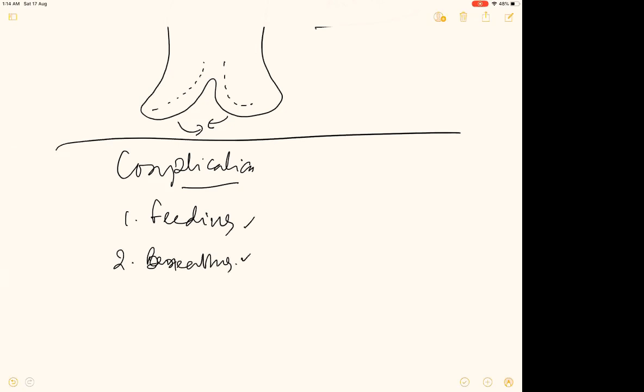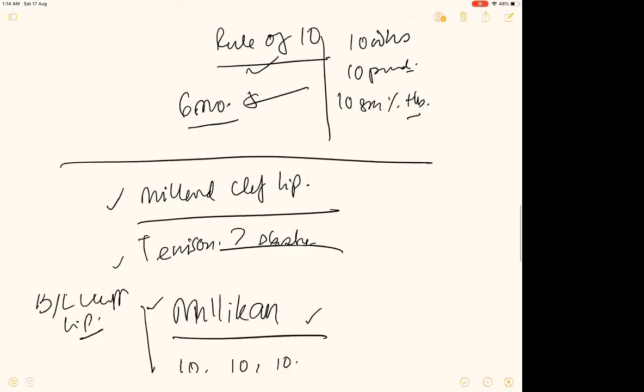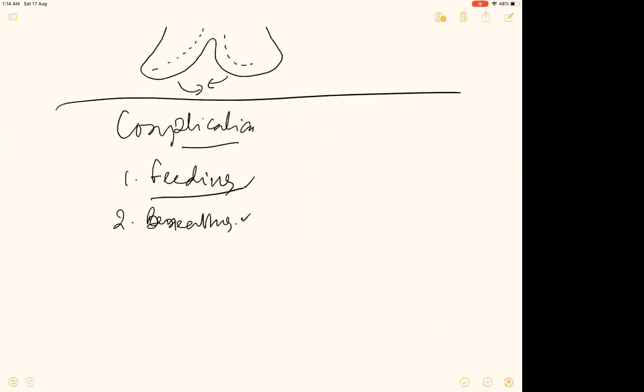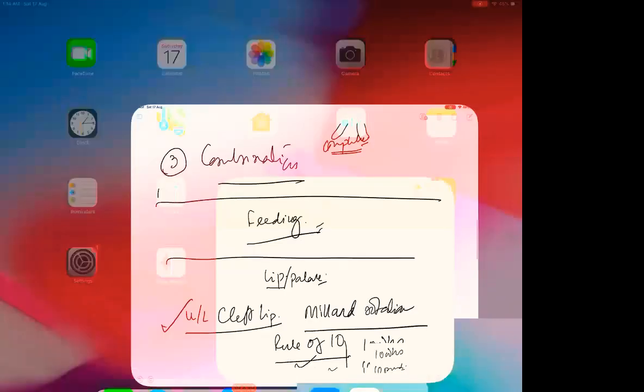So the complications are these two, please remember this. The complications of a cleft, repaired or not, are a feeding problem, meaning whatever you feed, the orbicularis cannot work, and then you have breathing problems. So more or less, I have given you a very quick summary of a very complicated chapter.